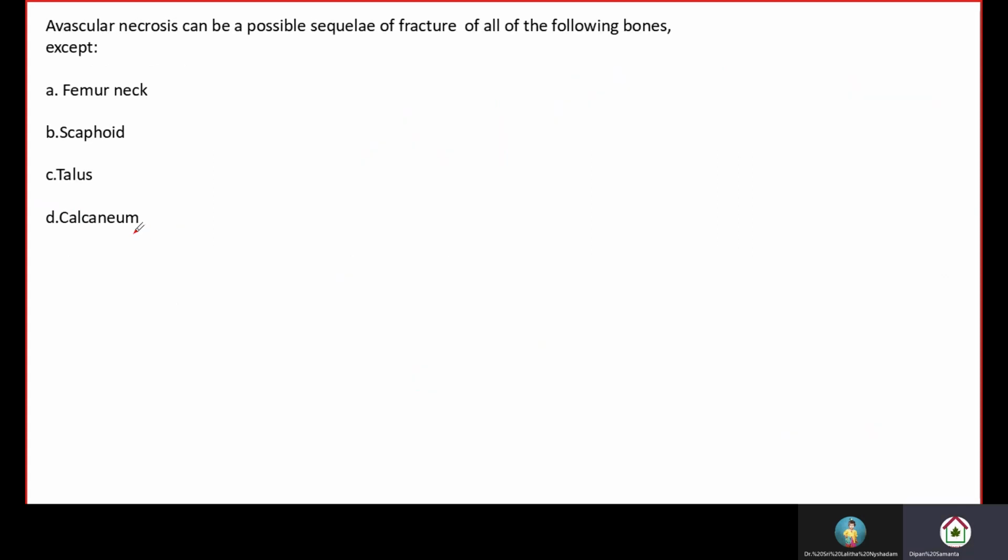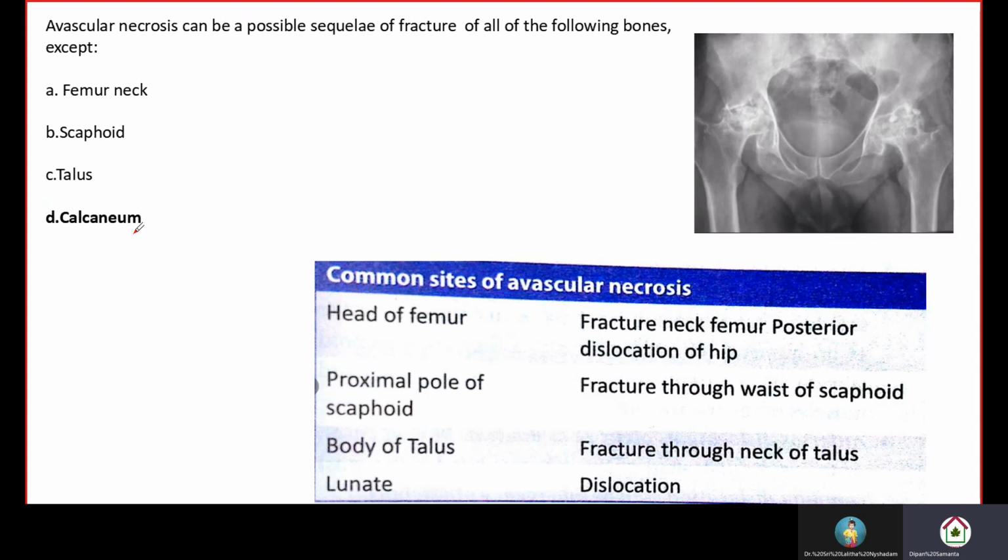Okay. So next question: avascular necrosis can be a possible sequel of fracture of all of the following bones except: femur neck, scaphoid, talus, calcaneum. Except calcaneum.